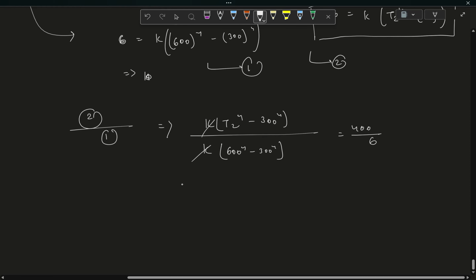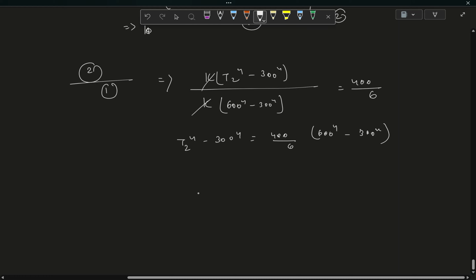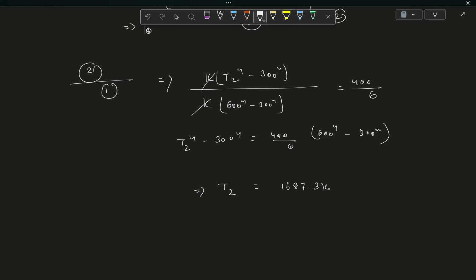So if you calculate it carefully, T2 to the power 4 minus 300 to the power 4 is simply 400 by 6 times 600 to the power 4 minus 300 to the power of 4. You have to separate the terms from one side to the other, and I am just writing down the final answer. You can check by yourself that T2 will come as 1687.3 Kelvin from that calculation.